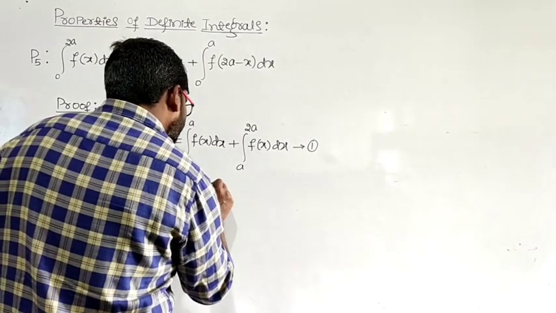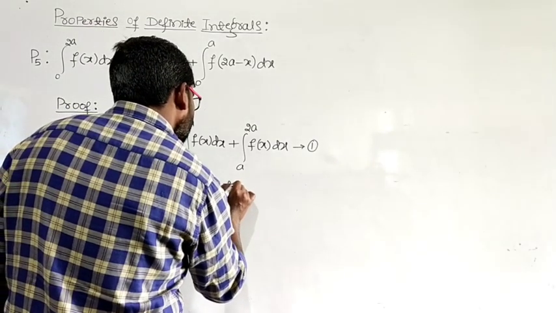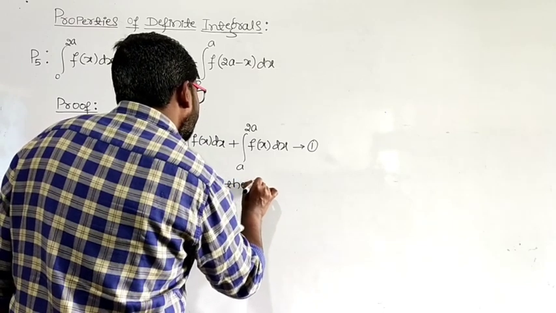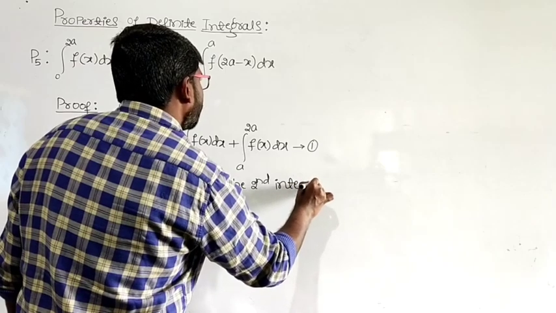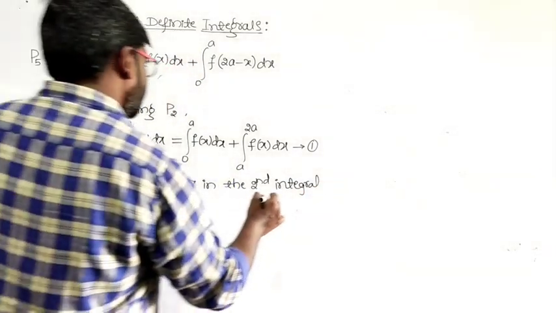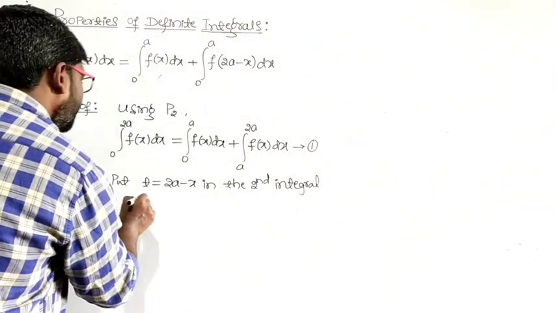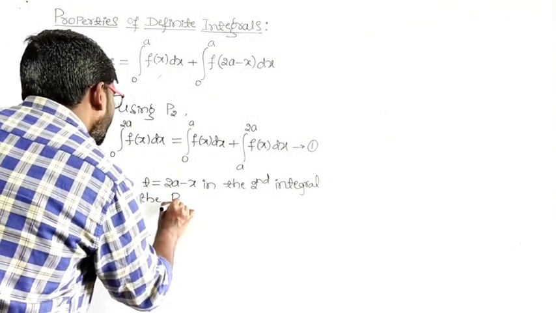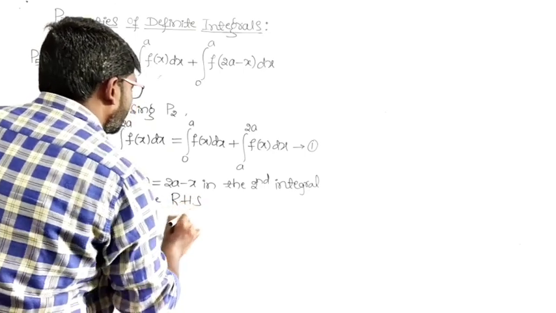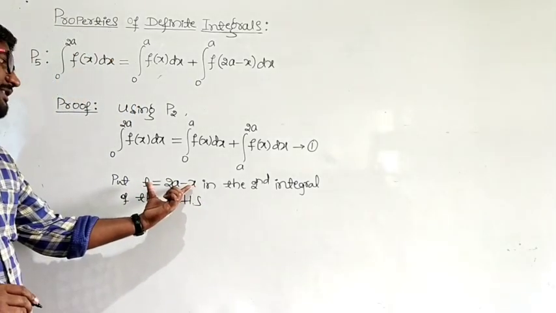So put t equal to 2a minus x in the second integral of the RHS.